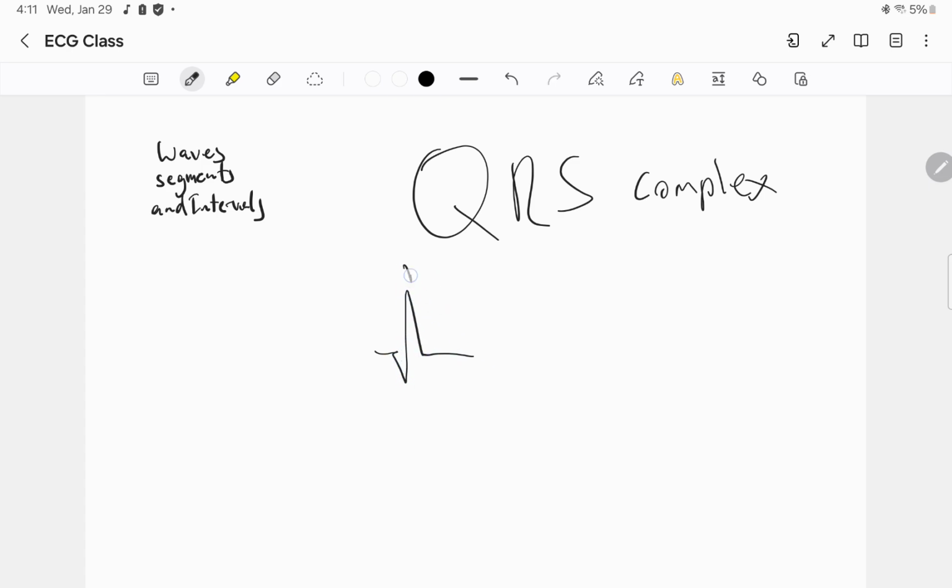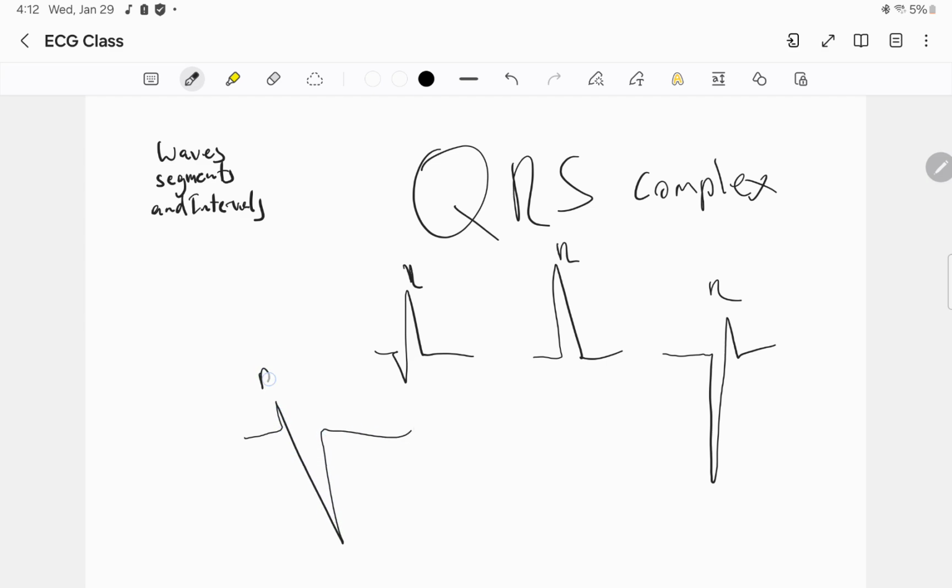So this is an R wave. This is an R wave. This is an R wave. This is an R wave, right? But all of these are referred to as QRS complexes, even though they don't necessarily have all the waves.